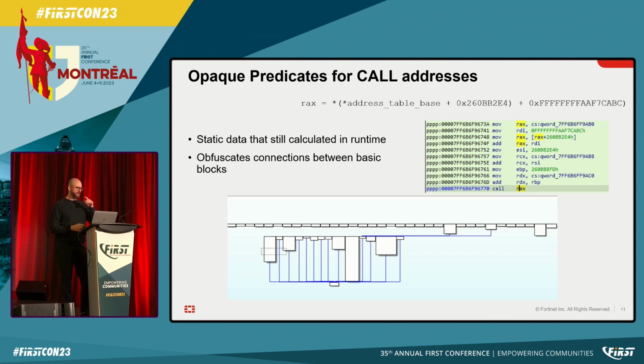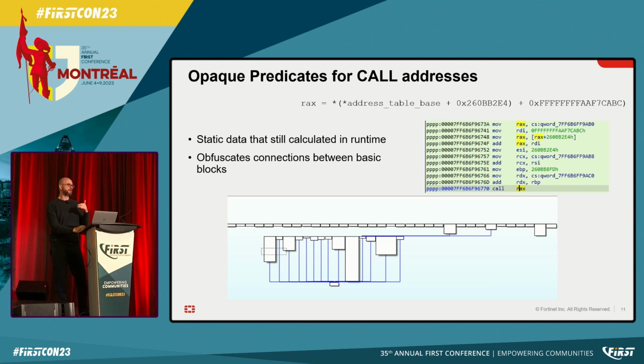Above that, you can see the equation that is used to calculate the addresses. There's an address table, and then there is an offset, and there are some additional additions just to make it a little bit more complex. But generally, everything that is needed to calculate the address is in the assembly code.